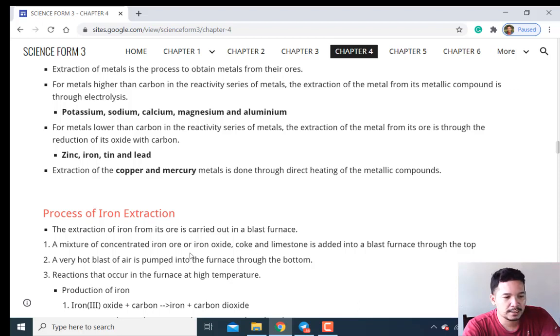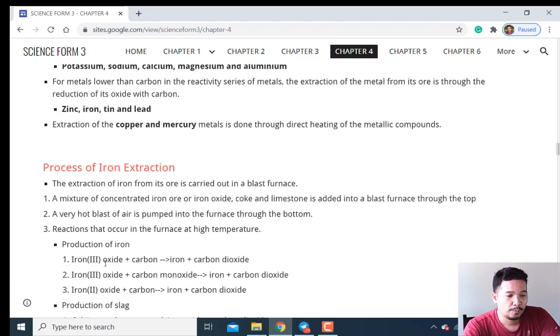A very hot blast of air is pumped into the furnace through the bottom. The reaction that occurs in the furnace at high temperature is the production of iron. So iron(III) oxide being heated at a high temperature produces iron and carbon dioxide.